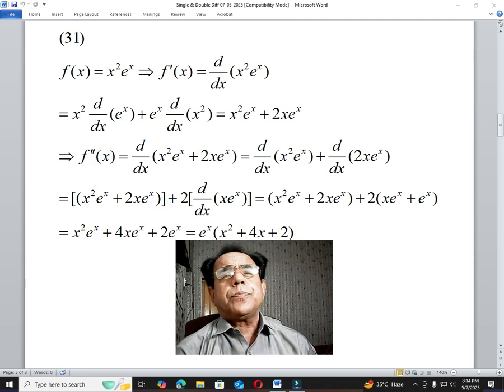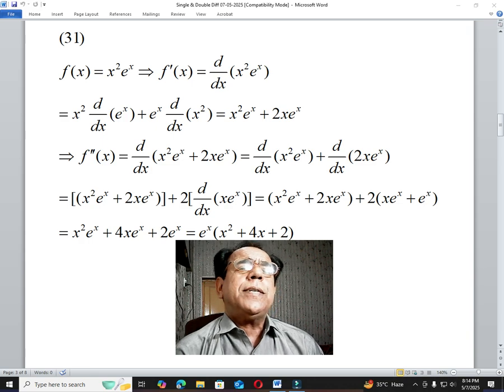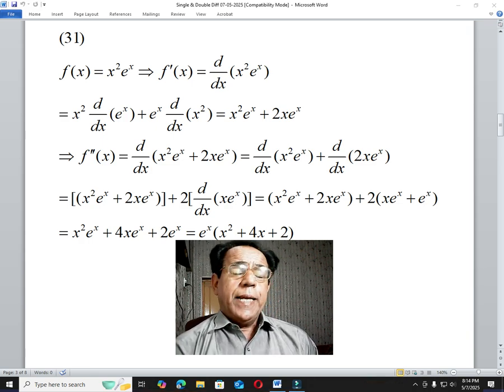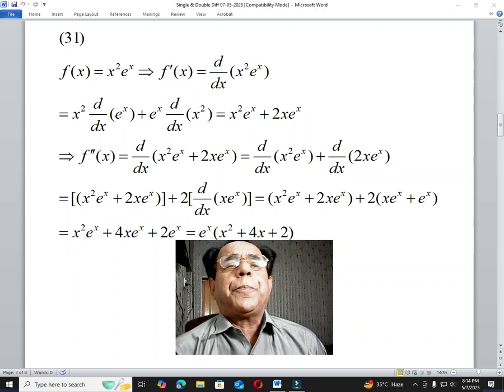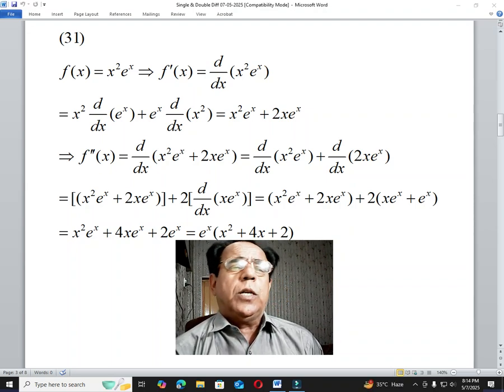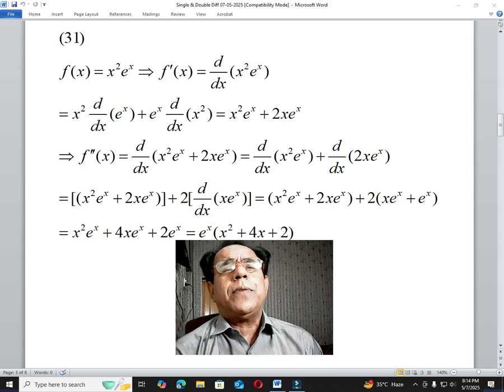Plus we have kept e raised to power x as constant and differentiate x square, whose derivative is 2x according to the power rule. So f dash x has become equal to x square e raised to power x plus 2x e raised to power x.